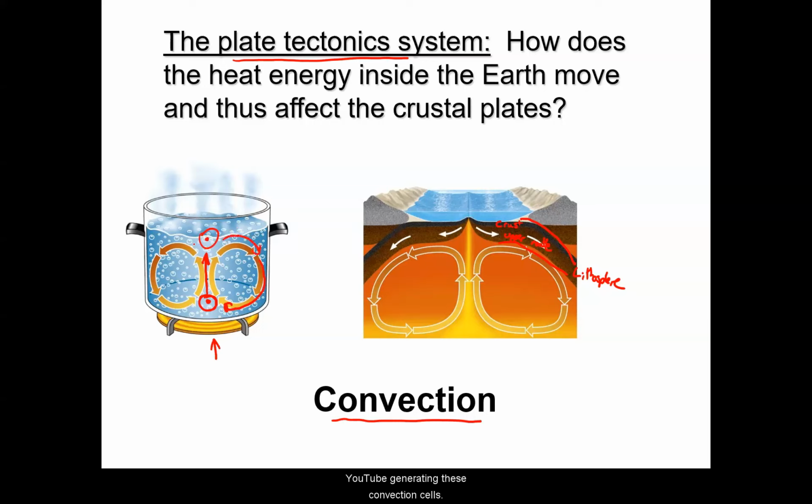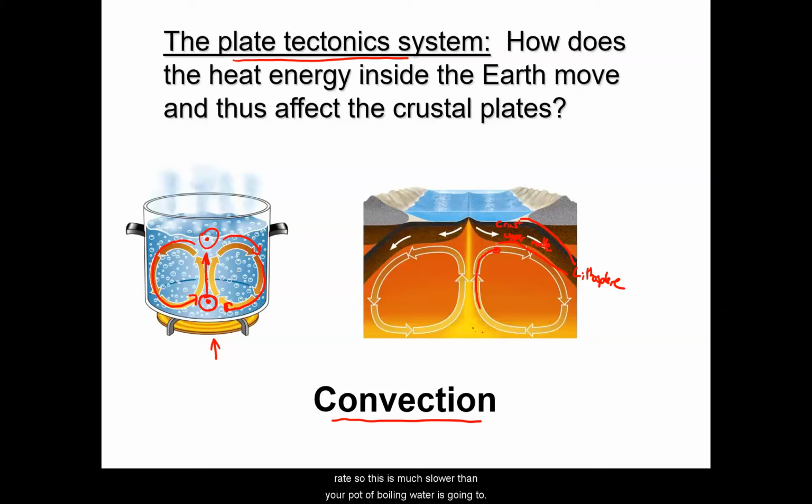The same thing is happening inside Earth's interior, and it happens because that asthenosphere and the rest of the mantle can behave in a more ductile way. It's a solid, but it can flow, more like silly putty can flow at a very slow rate. So this is much slower than your pot of boiling water is going to move.